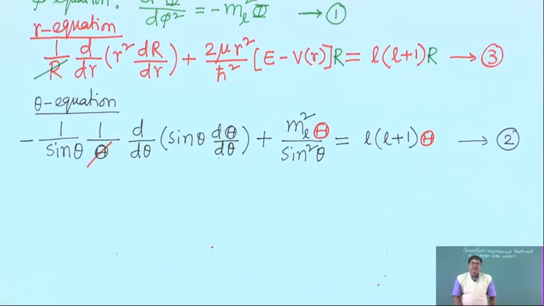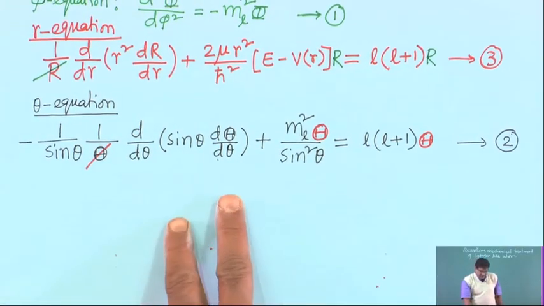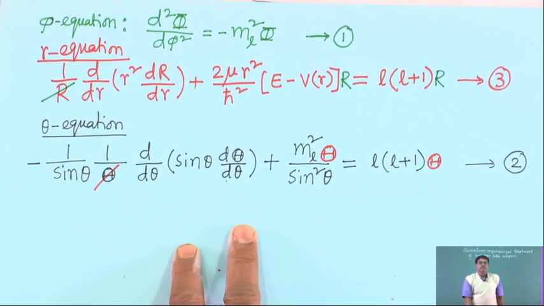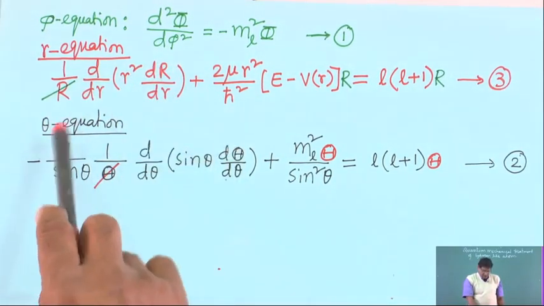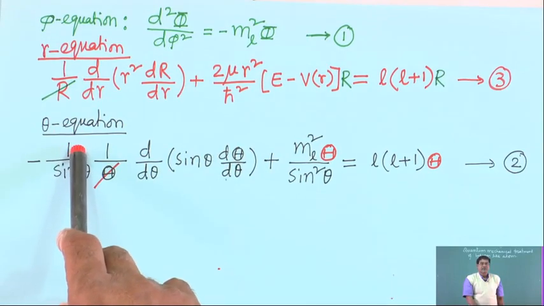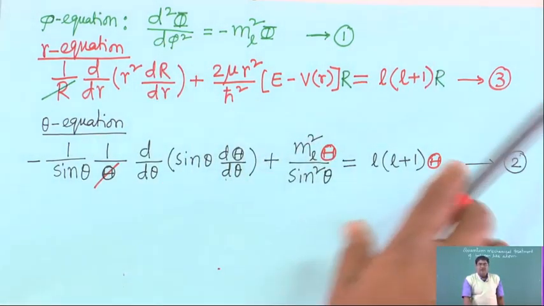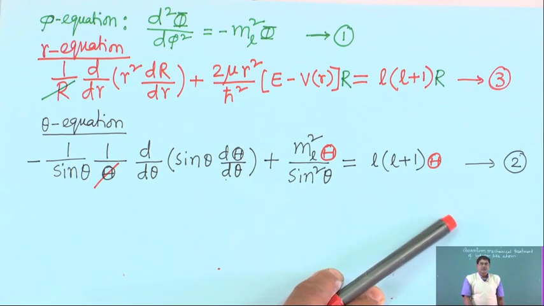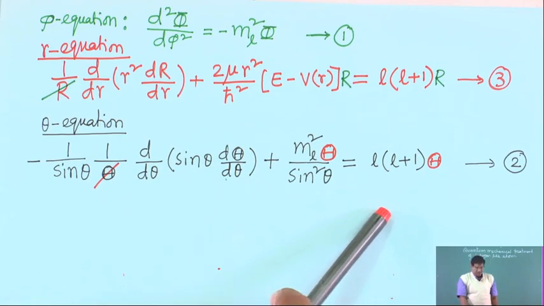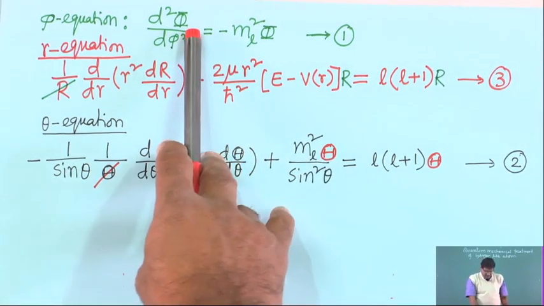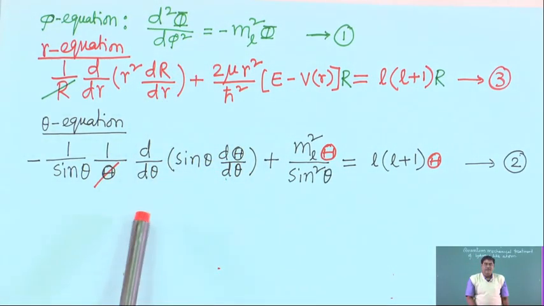So, one is the phi equation, another is the r equation and the theta equation. Now, we have to solve these equations and we will get the wave functions of phi, r and theta.